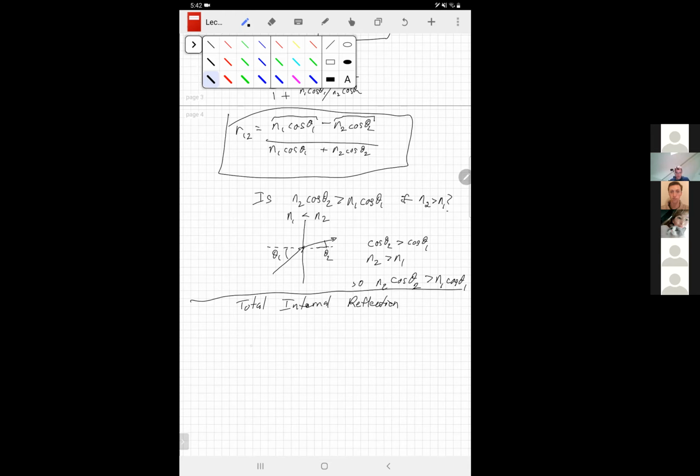So we've got medium 1 and medium 2, and our solutions to the wave equation are always going to be complex exponentials. Now let's take the case that n1 is larger than n2. So we start off in the high index medium, and n2 is the low index medium.